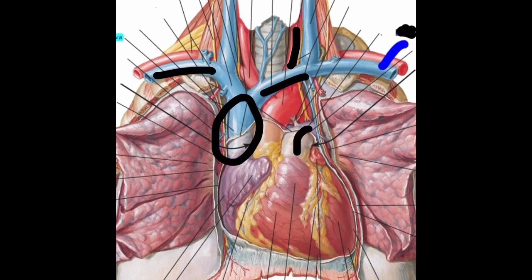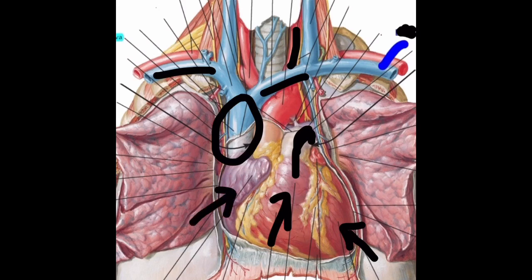Wonderful. What structure is this? A hint? Look at what it's giving. It's giving the pulmonary trunk. So what is it? Yes, the right ventricle. Which structure is this? Very good, the left ventricle.